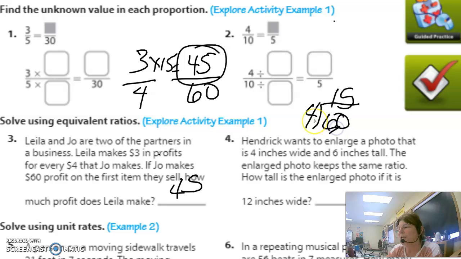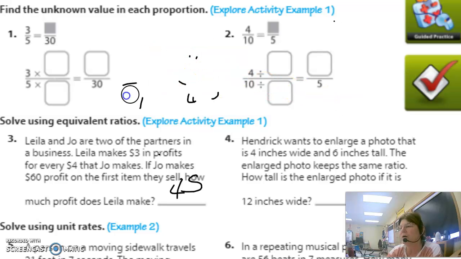So Hendrik wants to enlarge a photo that is 4 inches wide and 6 inches tall. The enlarged photo keeps the same ratio. How tall will the enlarged photo be if it's 12 inches wide? You're going to set it up the same way.